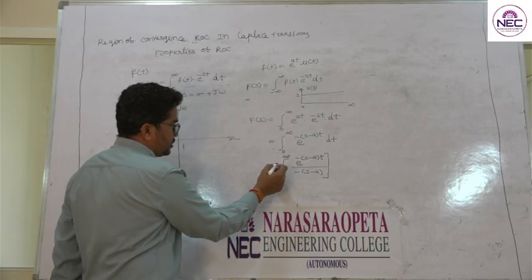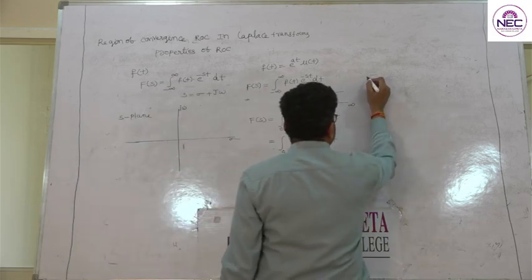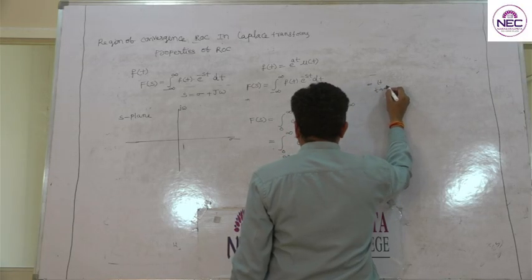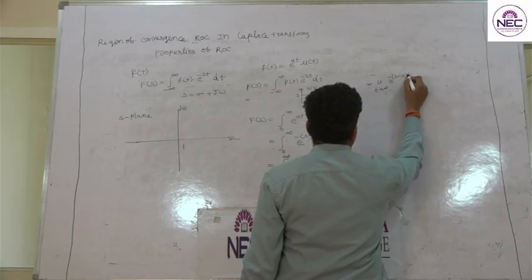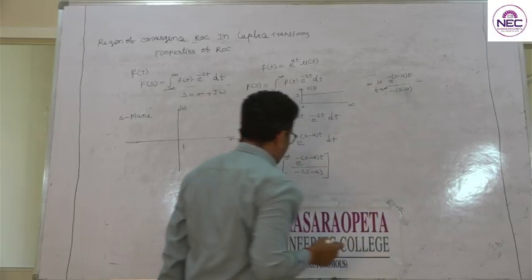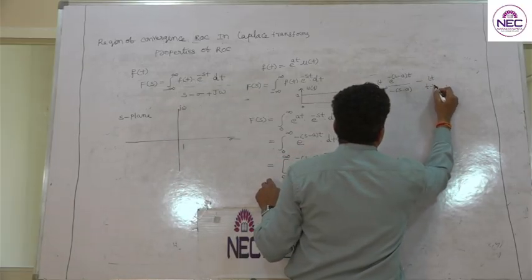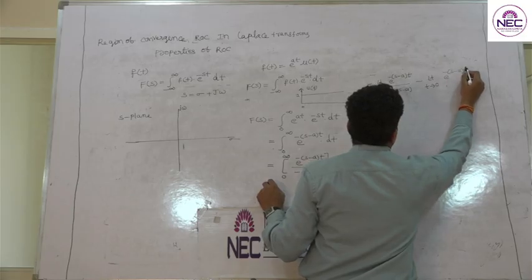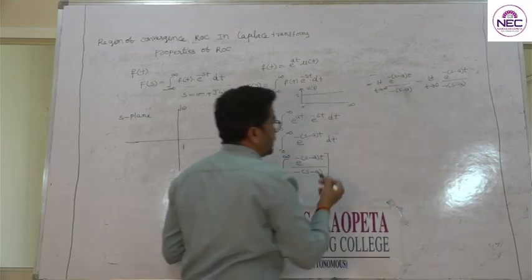Then apply the limits, upper limit t tends to infinity and lower limit t tends to 0: e power minus of s minus a into t by minus of s minus a, evaluated at each limit.